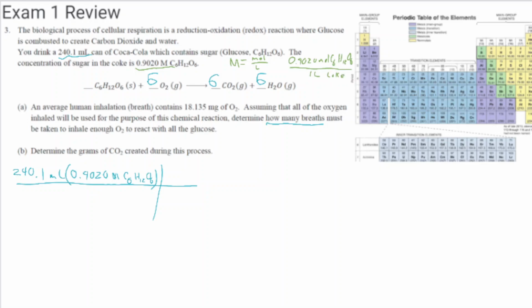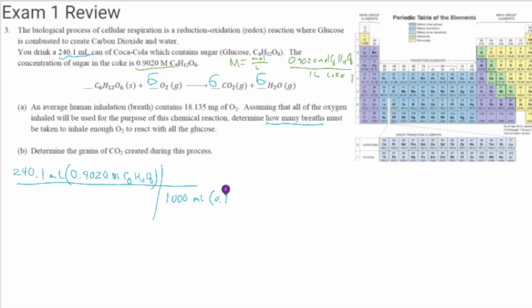All right. So now we need to get to liters, and we have milliliters. So now we need to plug in a conversion to go from milliliters to liters. So there's 1,000 milliliters for every liter.